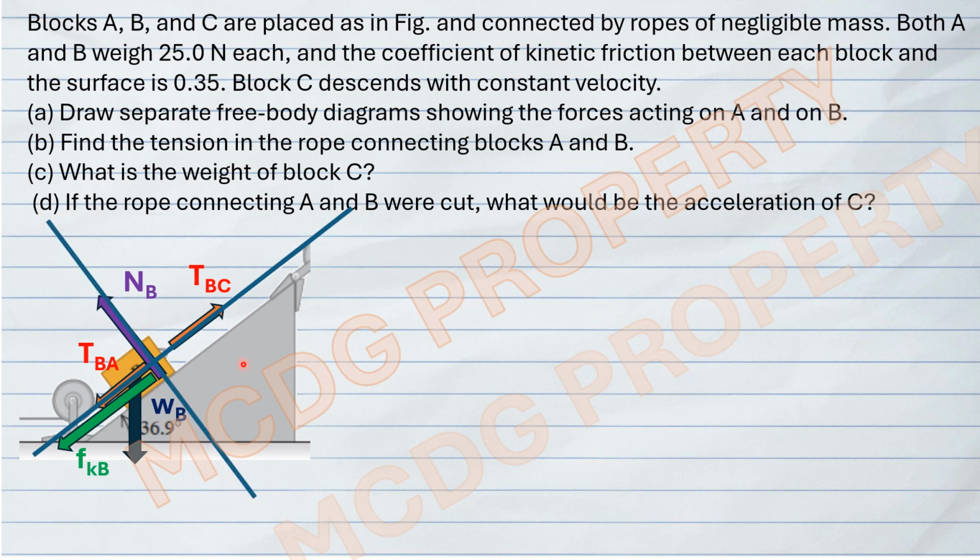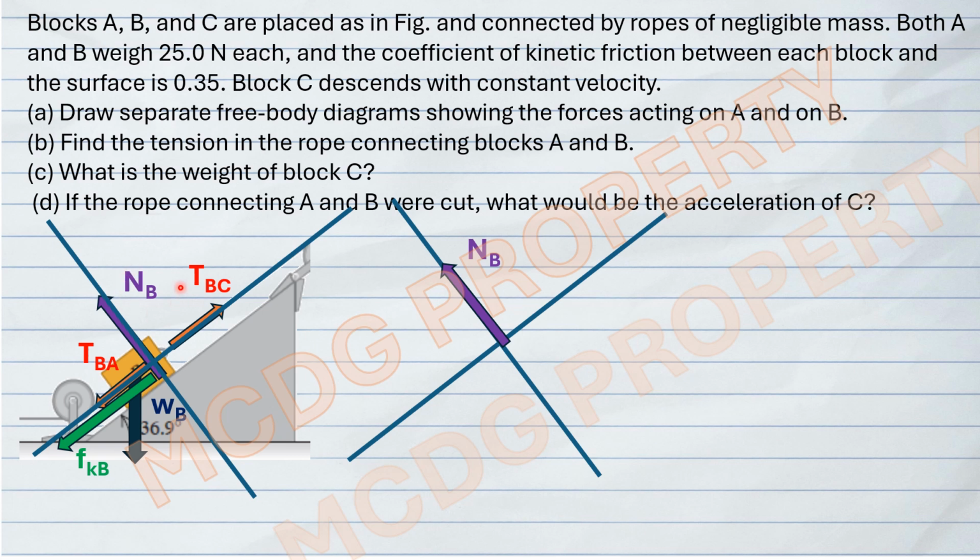So now we transfer the forces to the x and y coordinate system, or your Cartesian coordinate system. So the origin will be representing the block, which is in this case block B. So we transfer the forces on this x and y axis.